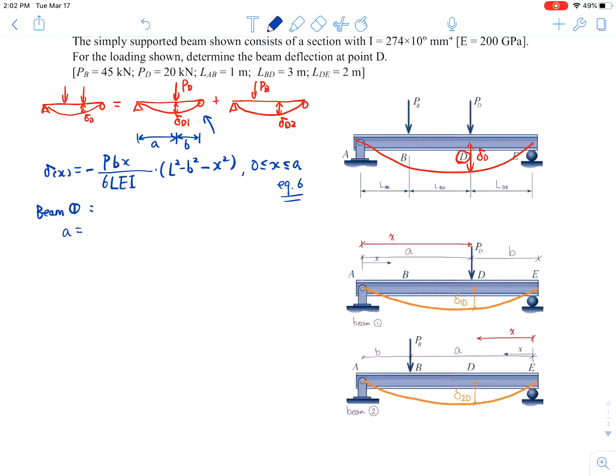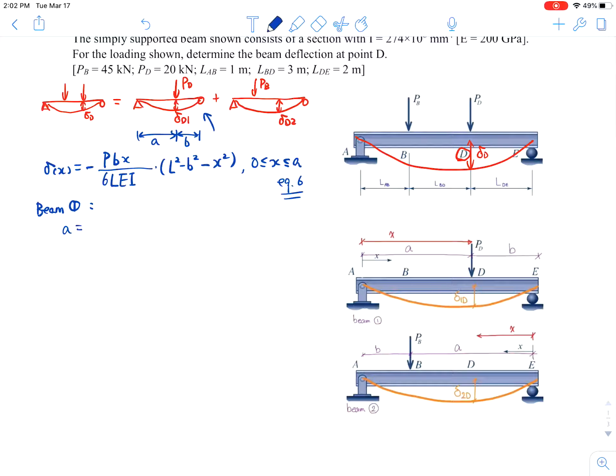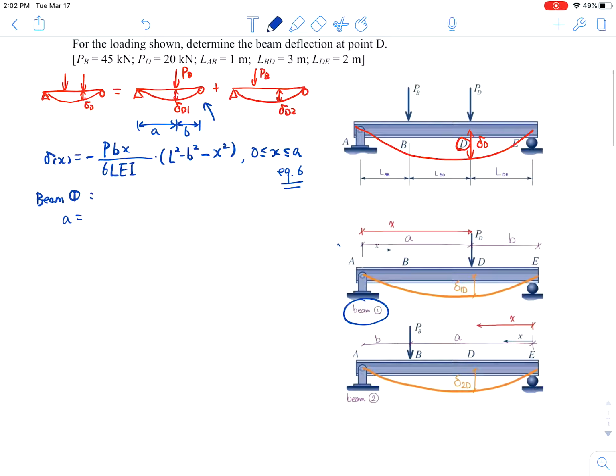If I only consider the PD, then A will be AD. This AD equals AB plus BD, and you can find the numbers here.